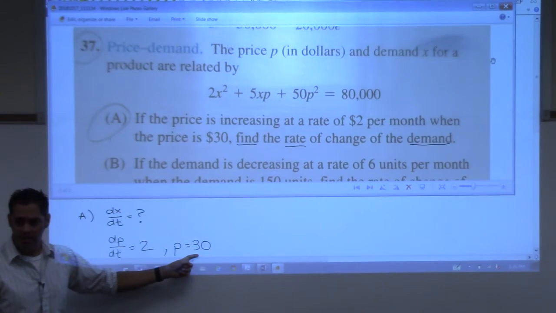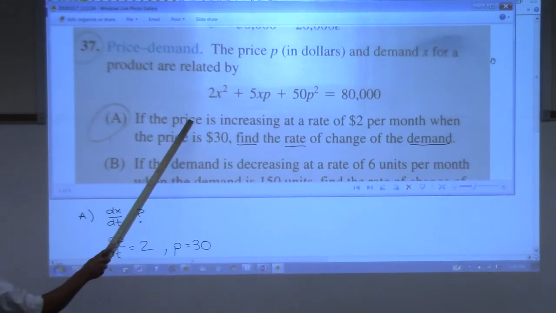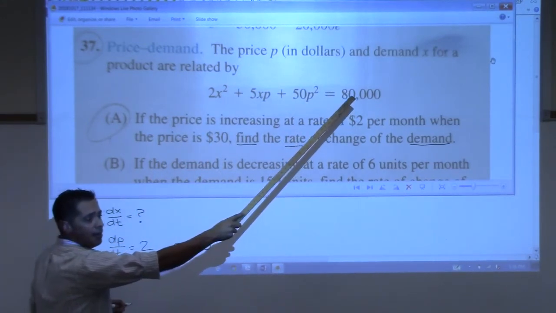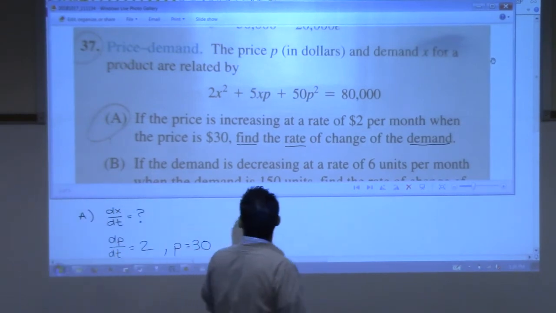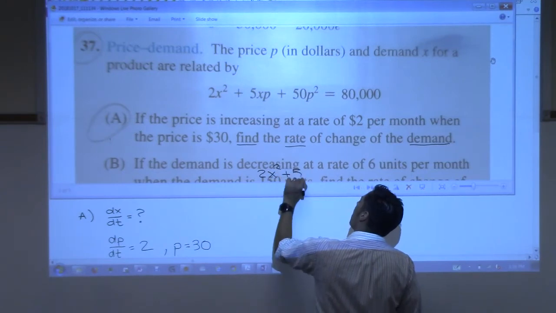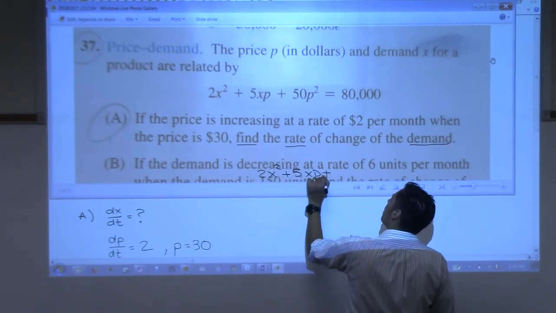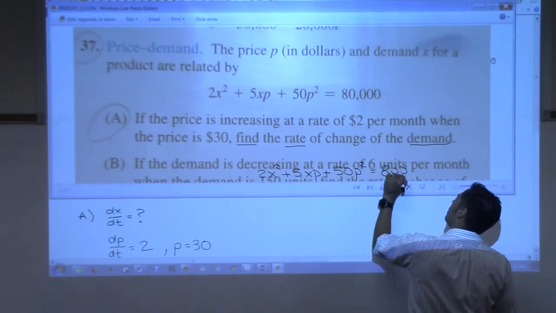You ready to do this? You ready? Okay, so what do we need to do now? We need to take the derivative of that, everyone. That's going to be sucky, but all right, let me write that down. 2x squared plus 5xp plus 50p squared equals 80,000.